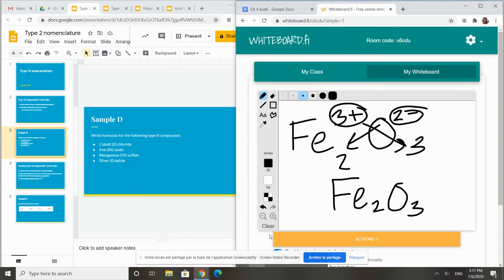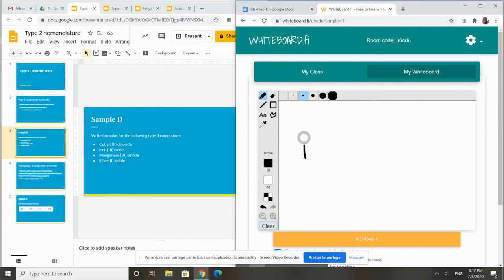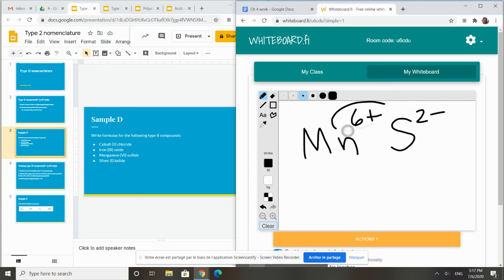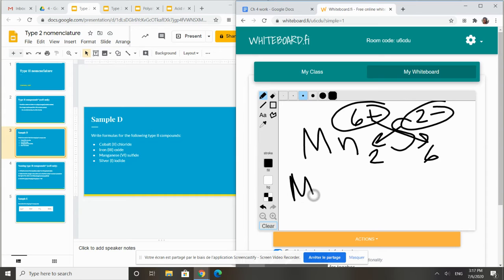And now I've got manganese 6 sulfide. So Mn with a 6+ charge. And then I've got sulfur, which has a 2- charge. Crisscross applesauce. So I originally get Mn2S6, which I then have to simplify, and it is obligatory to simplify it to be MnS3.